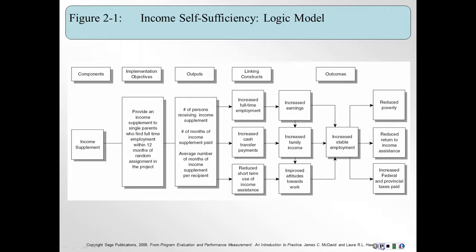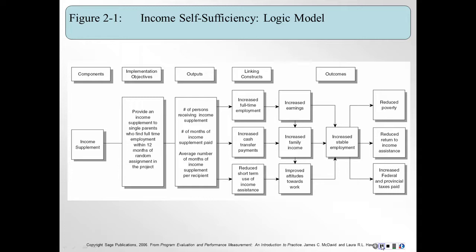Notice that a new concept has been introduced here, and that is program components. Many programs offer more than one component. In this particular logic model, the authors have attempted to portray the logic of one particular component of a larger program. In this case, the income supplement component.